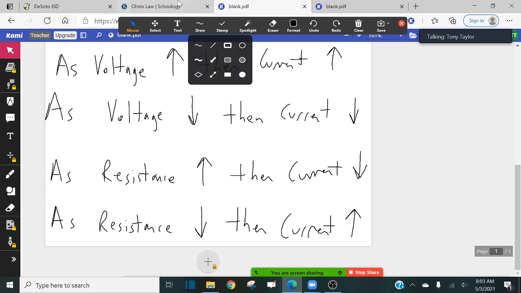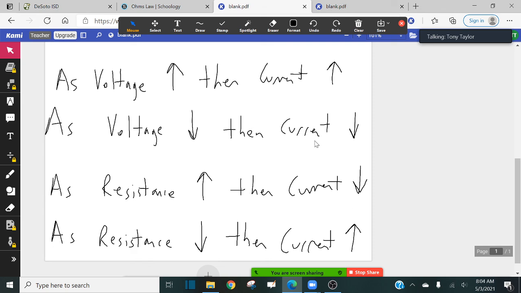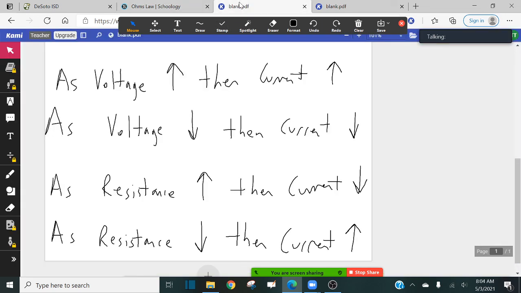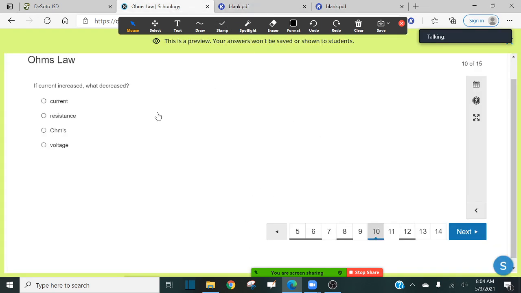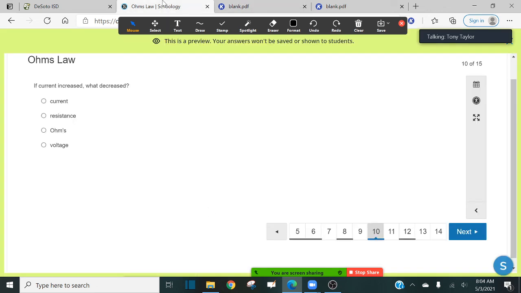You can clearly see that if current increased, then that means clearly that resistance decreased, because it asks what decreased, right?